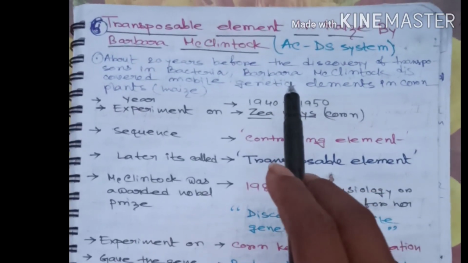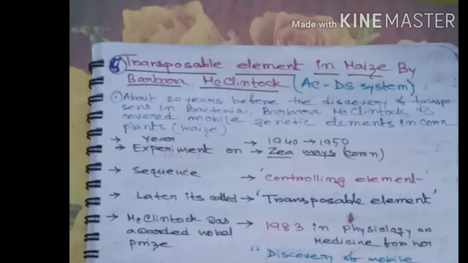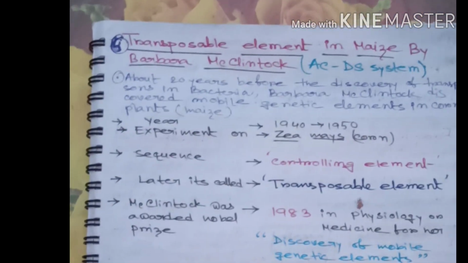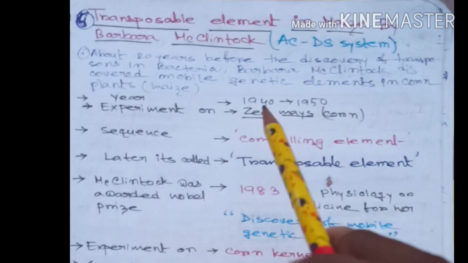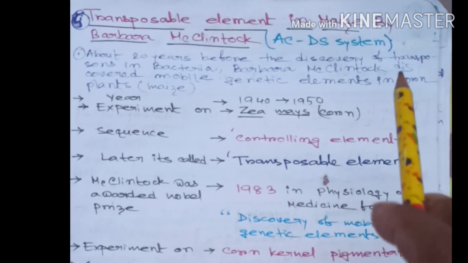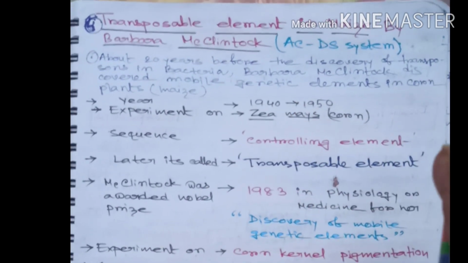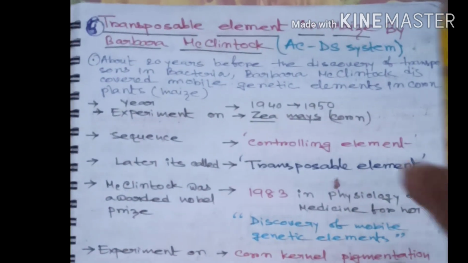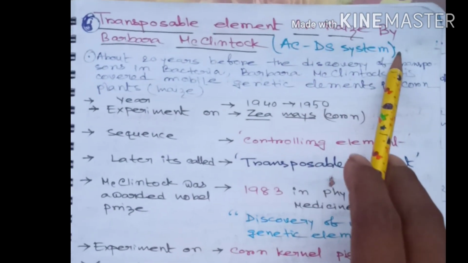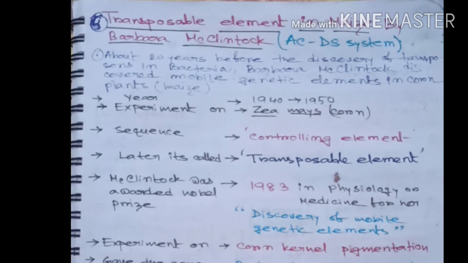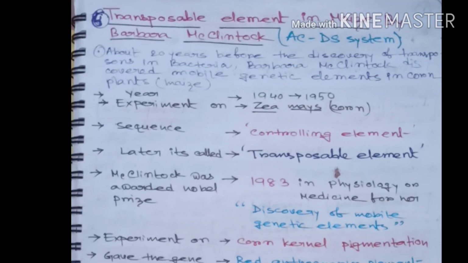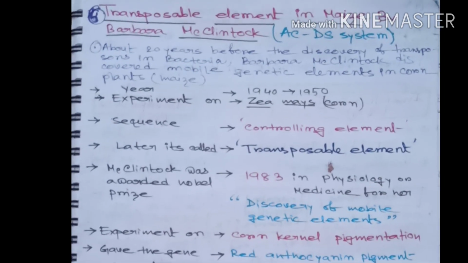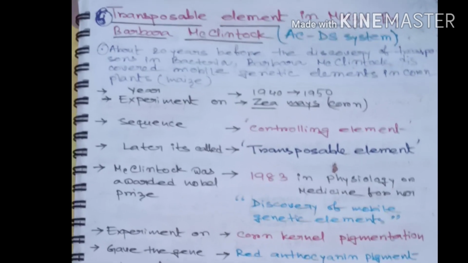Talking about the transposable element found in maize plant, which was discovered by Barbara McClintock before the discovery of transposable element in bacteria. The transposable element in maize plant is the AC and DS system. Barbara McClintock did her experiments from 1940 to 1950.